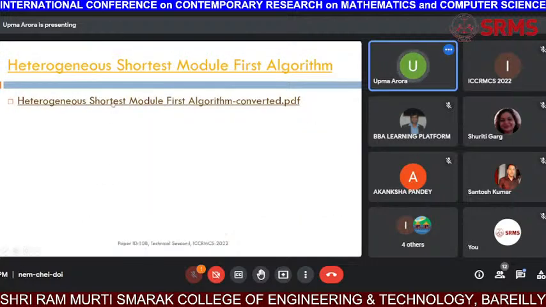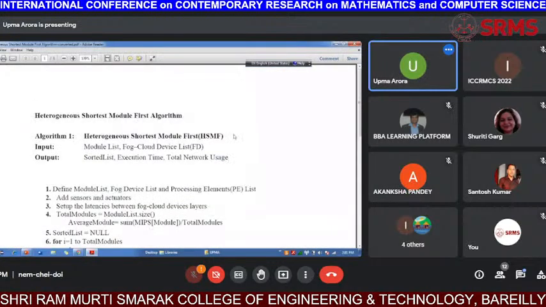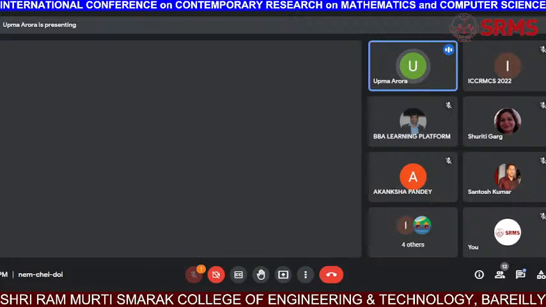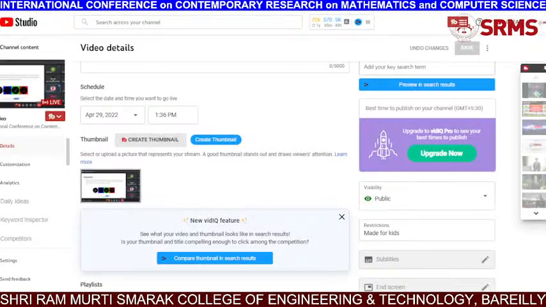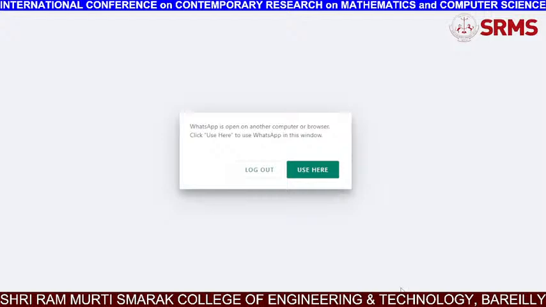So this one is the algorithm that we have introduced: heterogeneous shortest module first. That means we have to place heterogeneous application modules on different devices of the combined fog cloud architecture, which is again a multi-layer architecture.